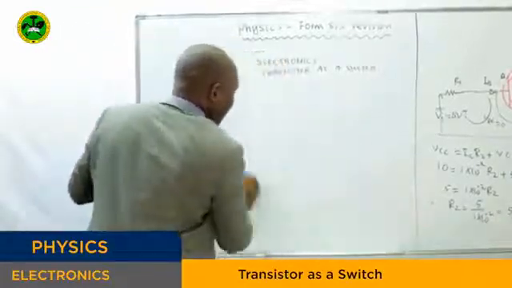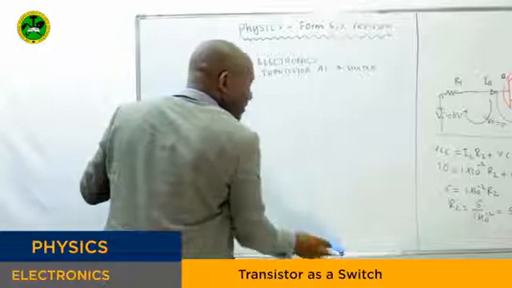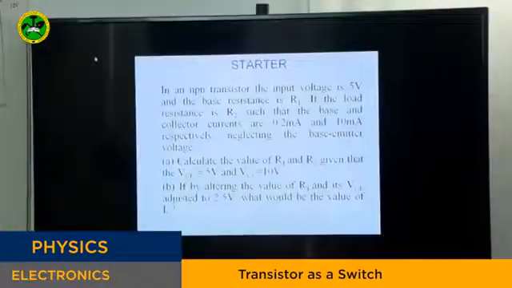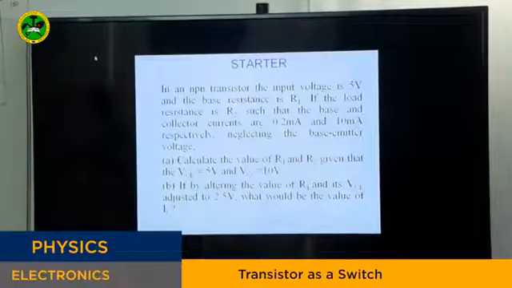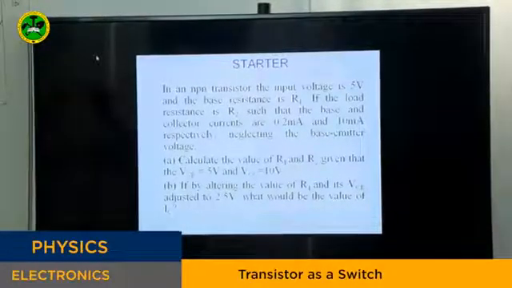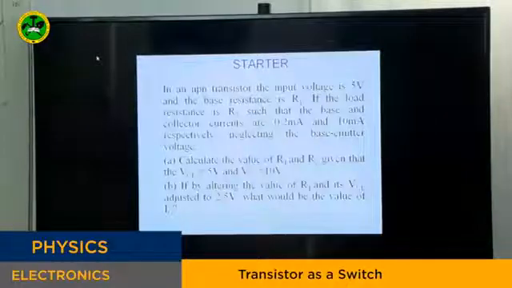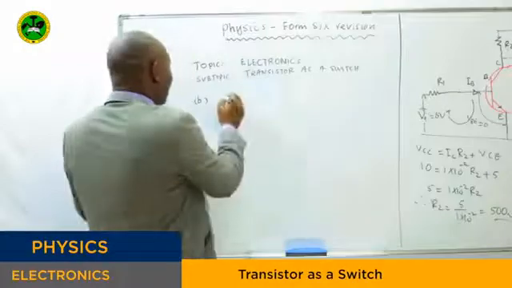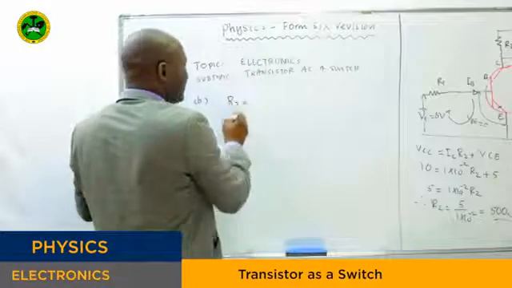Part B says, if by changing the values of R1, its corresponding VCE changes and is adjusted to 2.5, what will be the value of IC? It means here, the value of R2 is not changed.